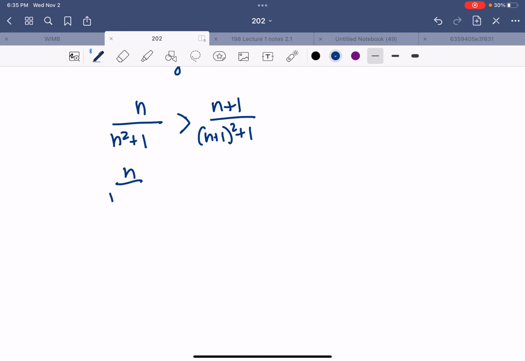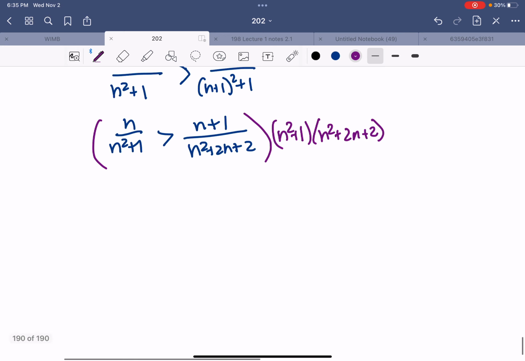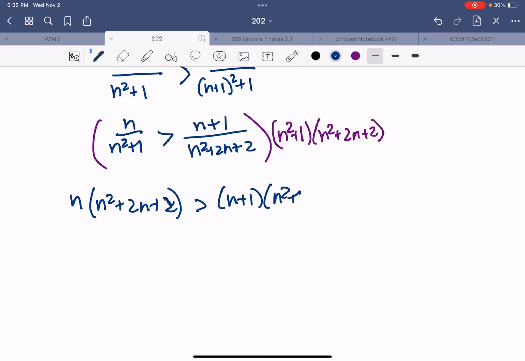All right, so n over n squared plus 1. If we multiply this out, that's n squared plus 2n plus 2 when you add them together. Multiply this out, so times n squared plus 1 times n squared plus 2n plus 2. That's going to give you n times n squared plus 2n plus 2 greater than n plus 1 times n squared plus 1.